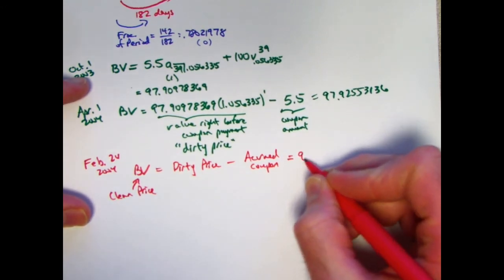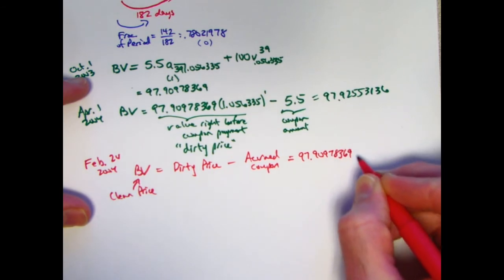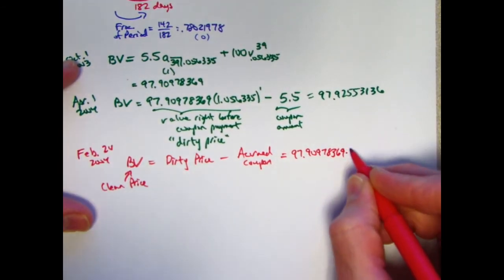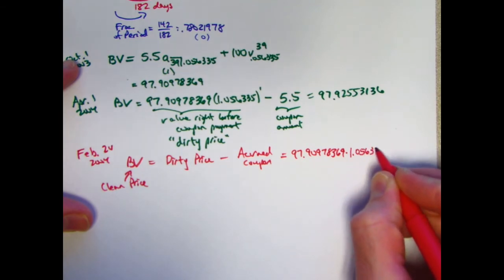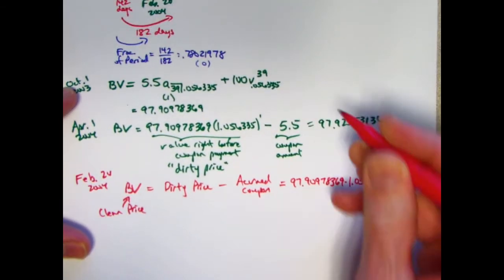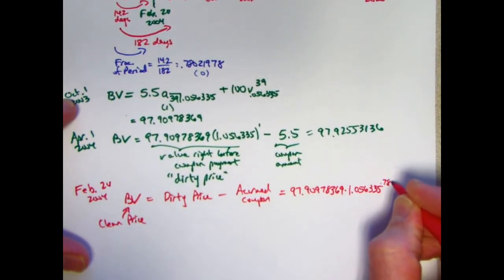The dirty price is going to be 97.90978,369. Promote that forward in time by multiplying it by 1.056335 to the power equal to this, 0.78021978.